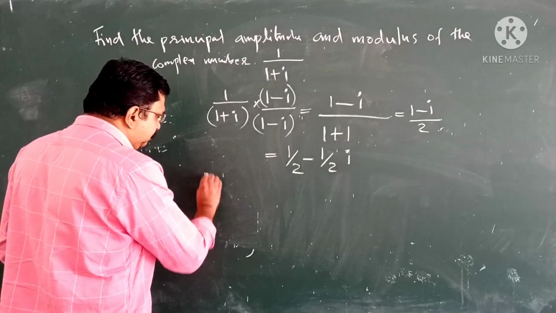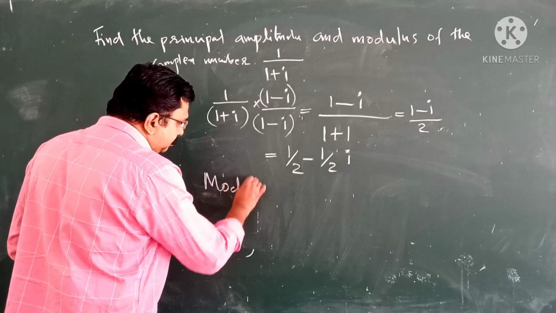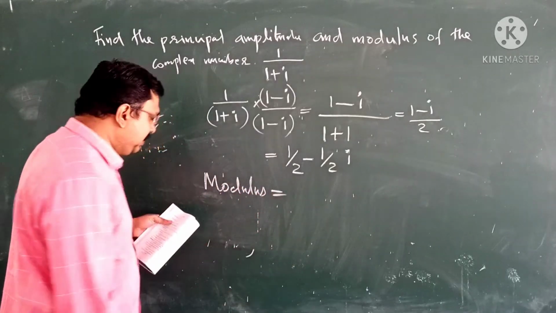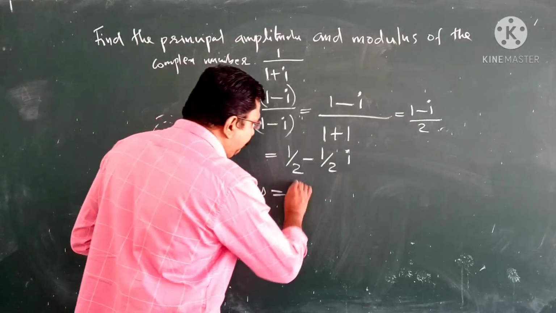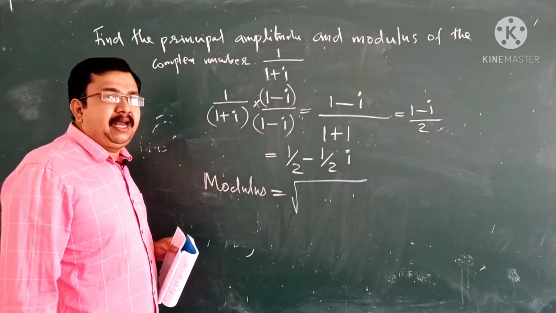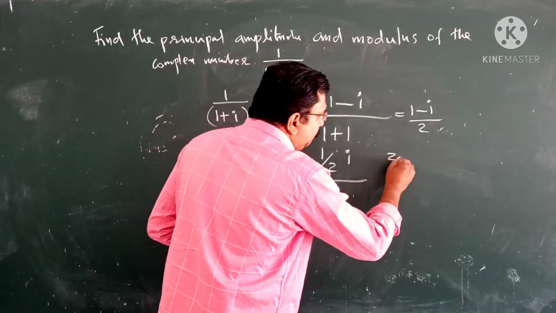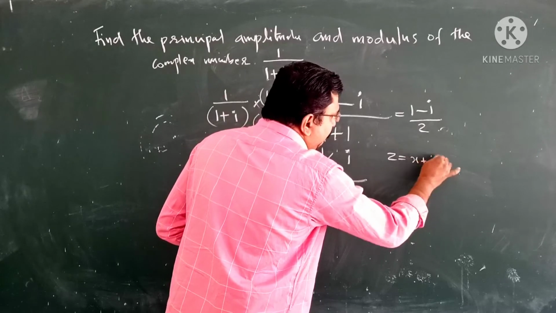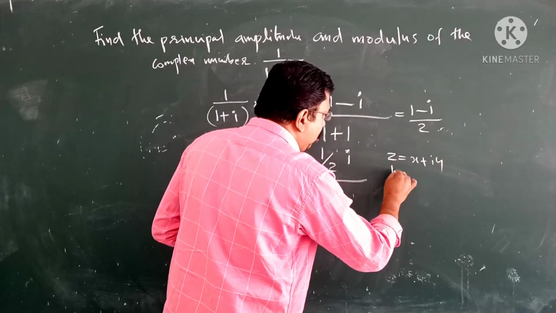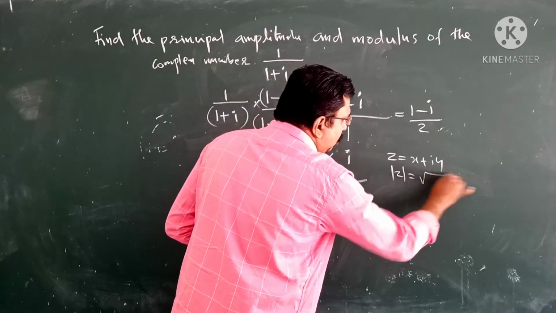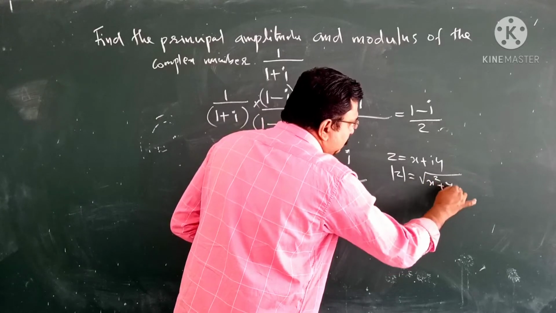Modulus is equal to root of x square plus y square. If z equal to x plus iy, then modulus of z equals root x square plus y square.